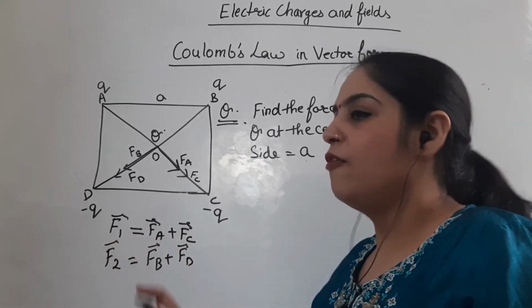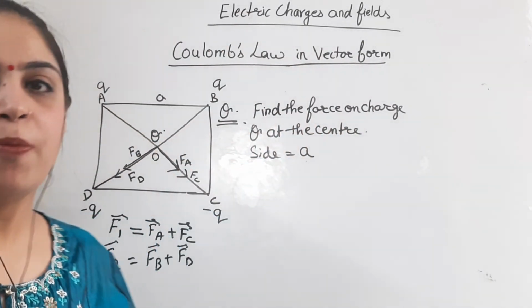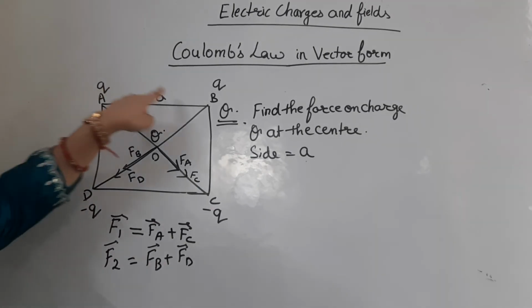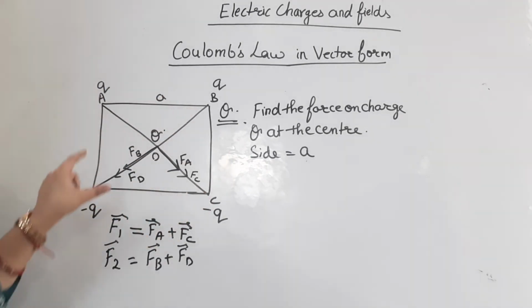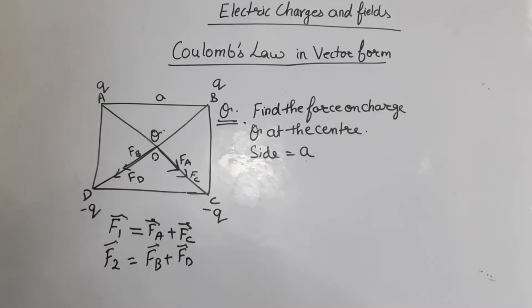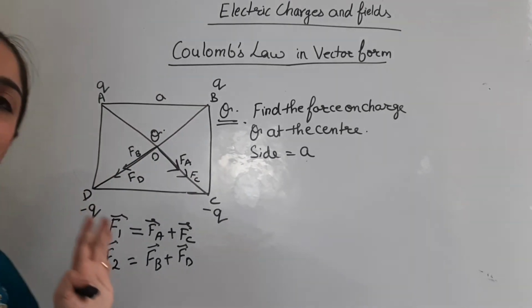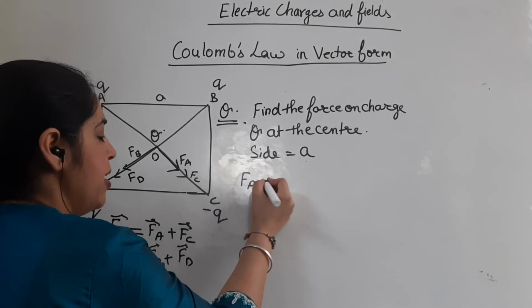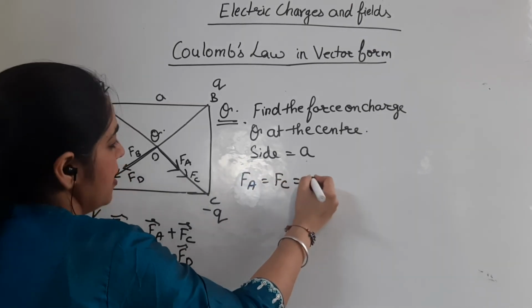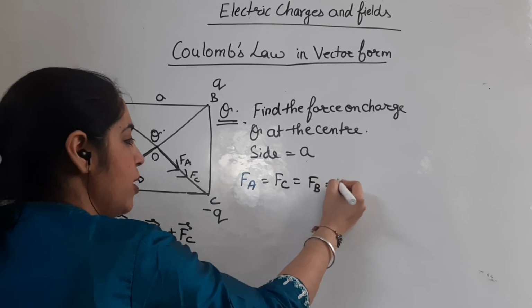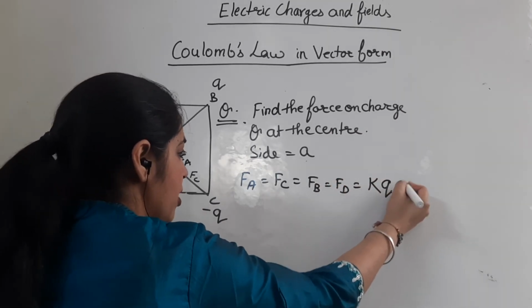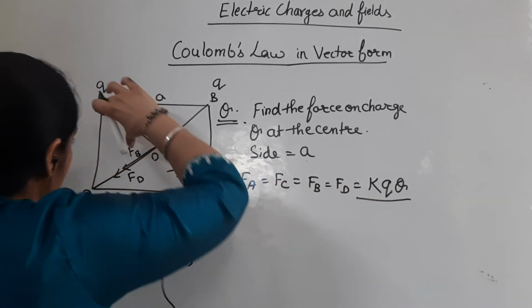Now force is k q1 q2 upon r square, or d square. All the charges are the same, and the distance of each charge is the same, so the magnitude of the force is the same for all. This means FA is equal to FC is equal to FB is equal to FD, which is equal to k small q capital Q upon this distance.